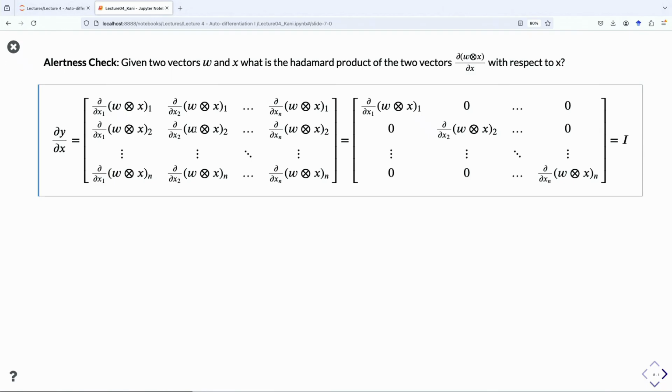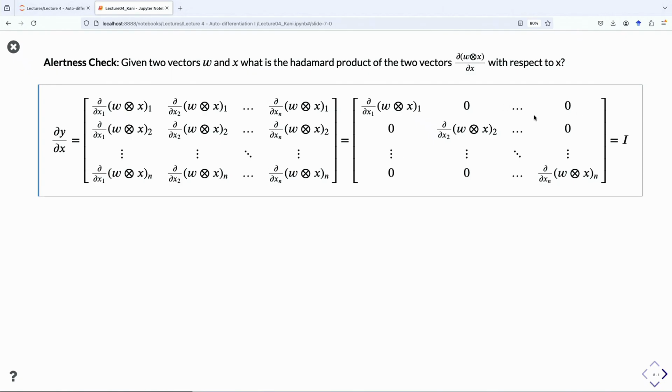But in the cases where we have w1 times x1 and we take the partial derivative with respect to x2, what do we get? We get 0 here. So the off-diagonal components of this matrix become 0. The on-diagonal components become w1 times x1 with respect to x1, so that becomes w1. w2 times x2 with respect to x2 becomes w2, and so on until we get to wn.